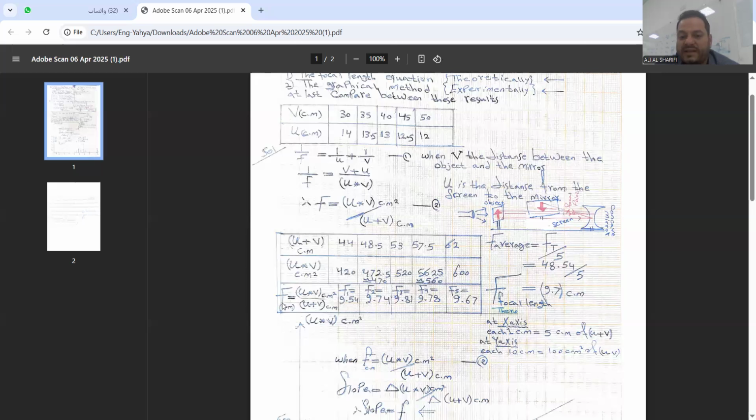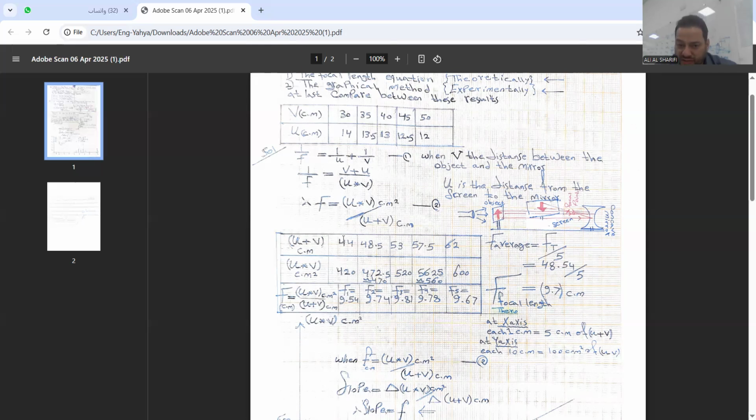You can calculate the focal length F five times, because we calculated U and F five times to reach a better focal length result. Okay?